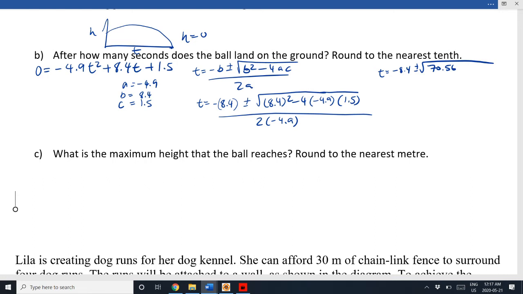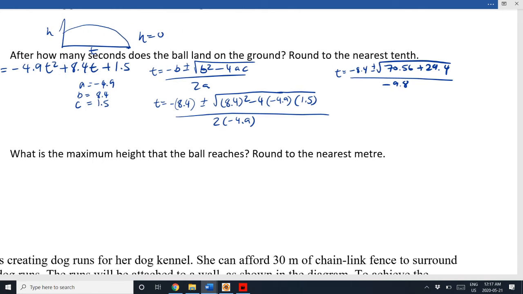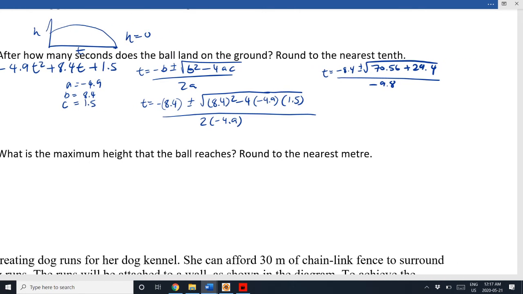So we have negative 4 times negative 4.9, so it's going to be positive 19.6 times 1.5. So it's going to be positive 29.4, all over 2a. So 2 times negative 4.9, which is negative 9.8. So let's simplify what's in the bracket here. 70.56.